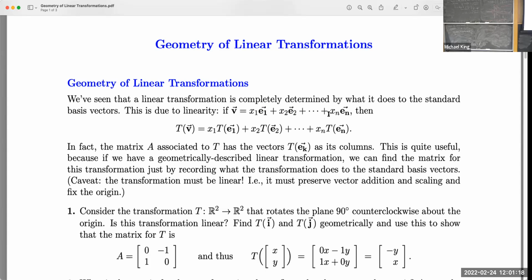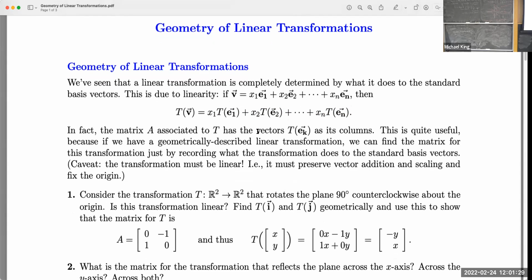So this is the generalization of i, j, and k to more dimensions. Because of linearity, if you just know where these vectors go, then you know where everything goes. And in fact, what we already sort of saw is that the columns of the matrix are the images of the standard basis vectors. Like the 2, 1 and the negative 1, 1 are where i and j get sent.